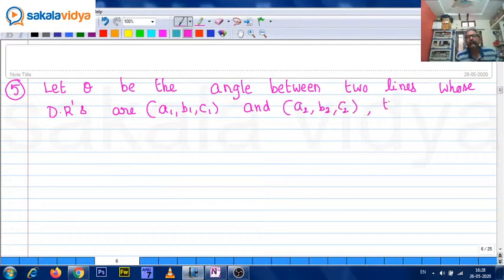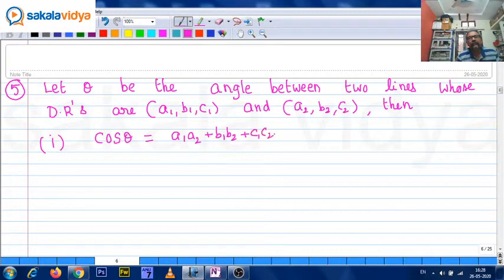Then first point, cos theta. So cos theta is equal to A1 A2 plus B1 B2 plus C1 C2. The dot product means what? Cos theta is A dot B by mod A mod B. That concept we need to use now.